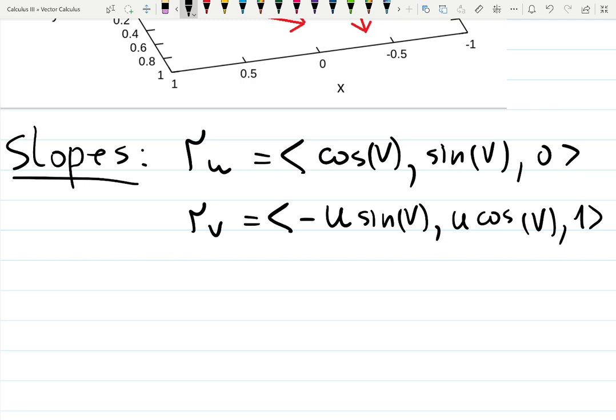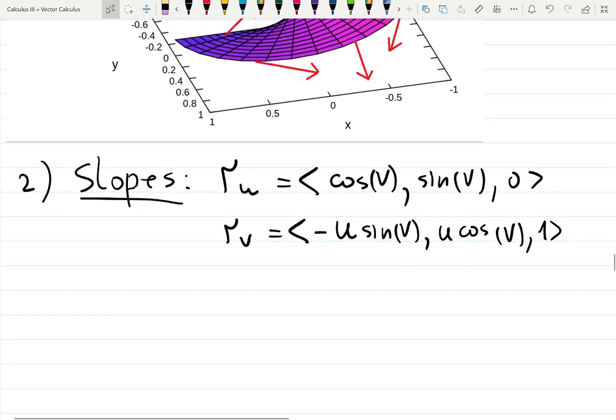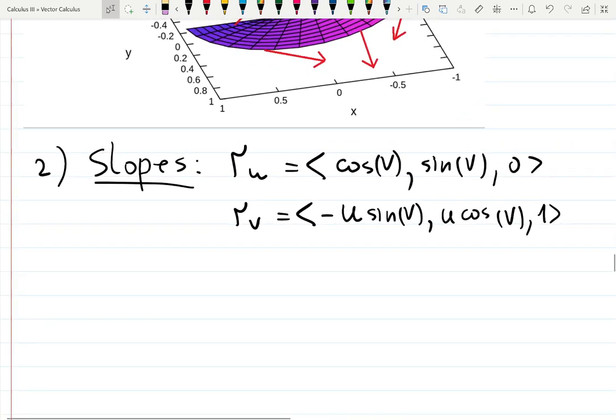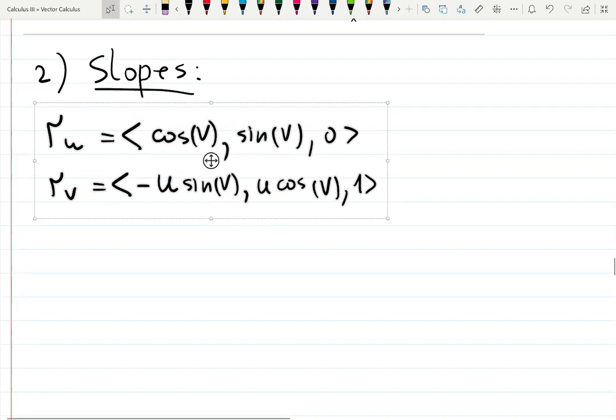That's step 2. Step 2 is the longest one because now we need to find the normal vector. Normal vector comes from the cross product. Remember, cross product used to be your biggest problem. Now it's kind of an intermediate step, to be honest. And we hope you do it fast, and it's not the biggest problem anymore.